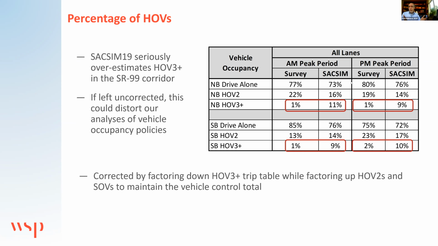For a lot of studies, it wouldn't make any difference, but for our study where some of our alternatives were changing the occupancy requirements, that makes a big difference and it would distort the analysis of our alternatives.